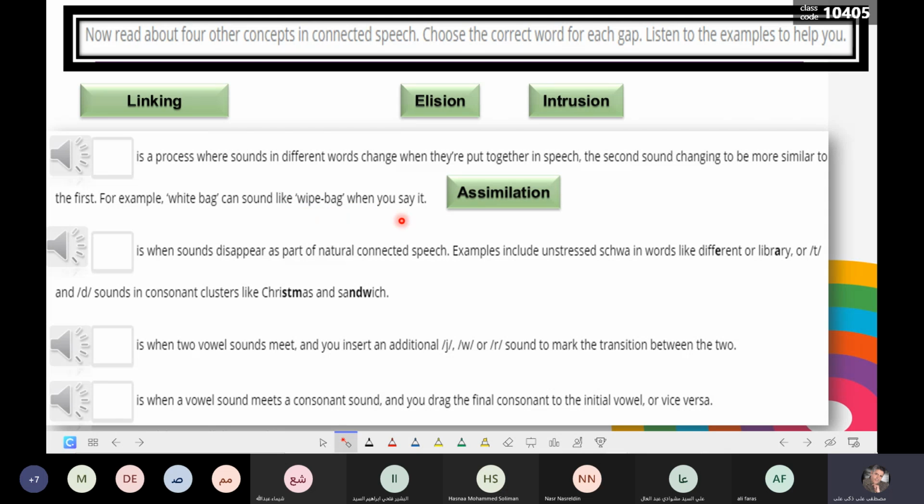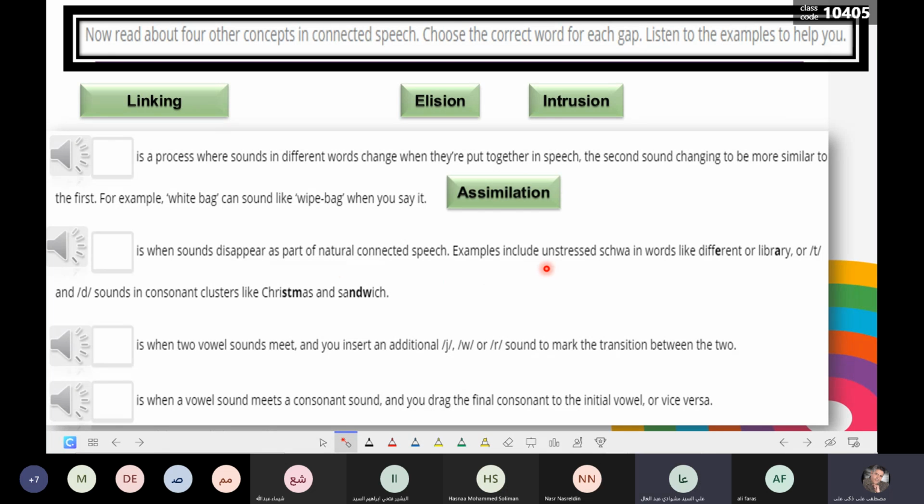We always say two apples, four oranges. Let's think about the second definition. I want you to think about what happens when sounds disappear as part of natural connected speech.